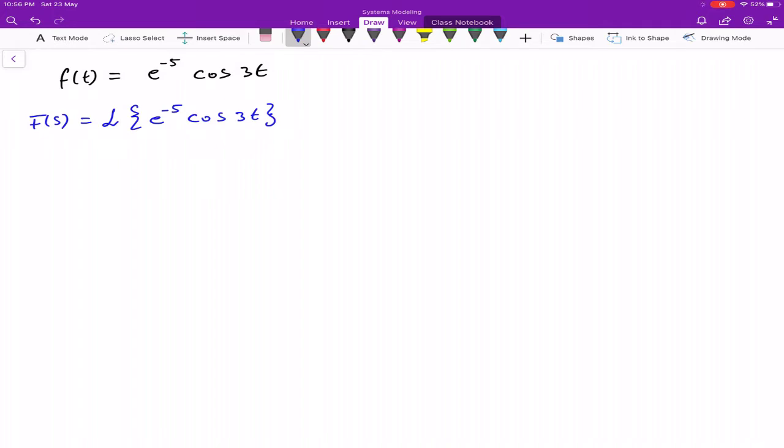So here we know our a is minus 5 and g of t is, we are picking it as cosine 3t. And next we need to find the Laplace transform of g of t.